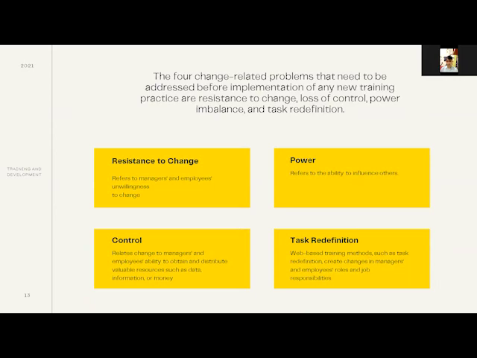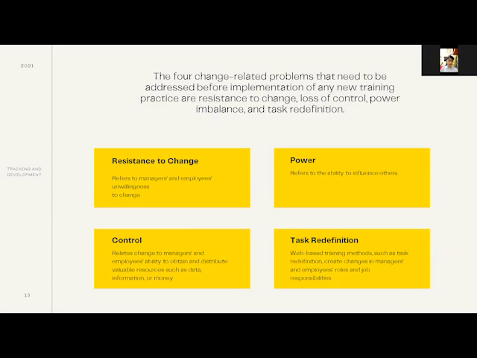Task redefinition. Web-based training methods such as task redefinition create changes in managers' and employees' roles and job responsibilities. So, in task redefinition, we can see here that it states for itself.